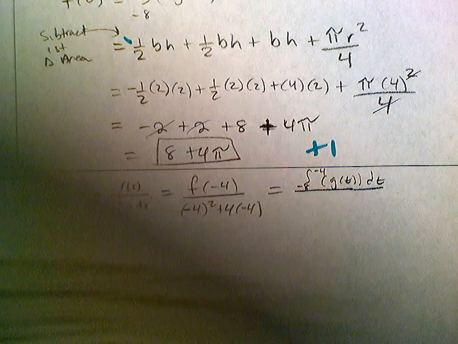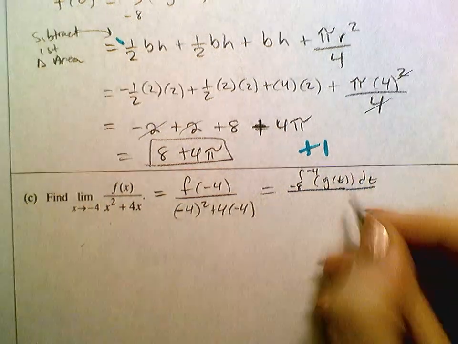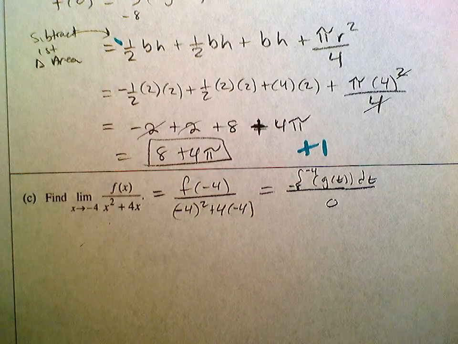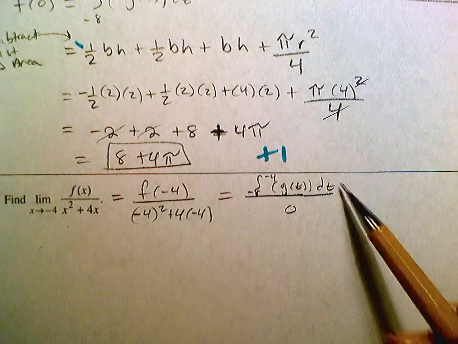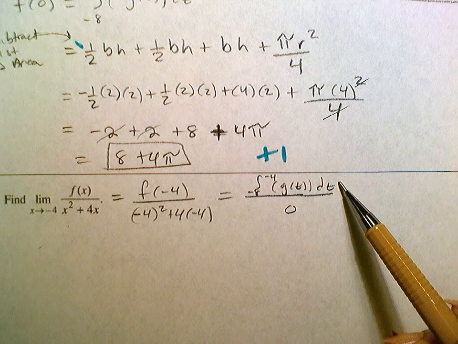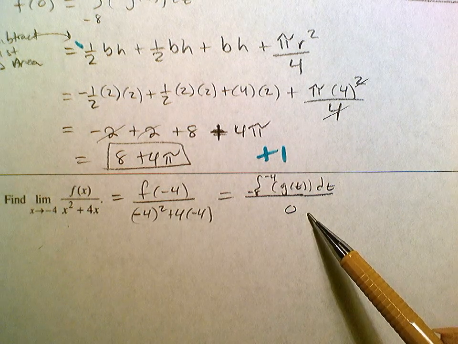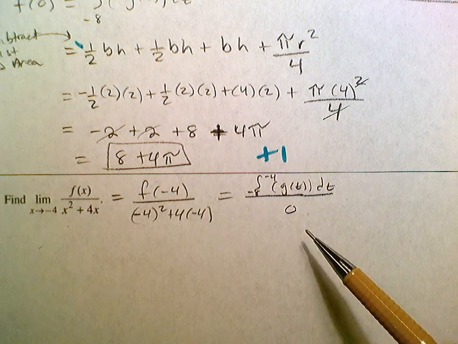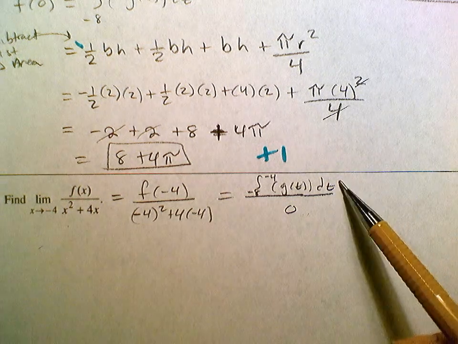Down here we end up with 0, which is not great news, because we're going to be stuck if this numerator is also not 0. If just the denominator is 0, it's really going to be hard to think about what the limit is. It probably wouldn't exist. But if the numerator is also 0, then we can use L'Hopital's rule.